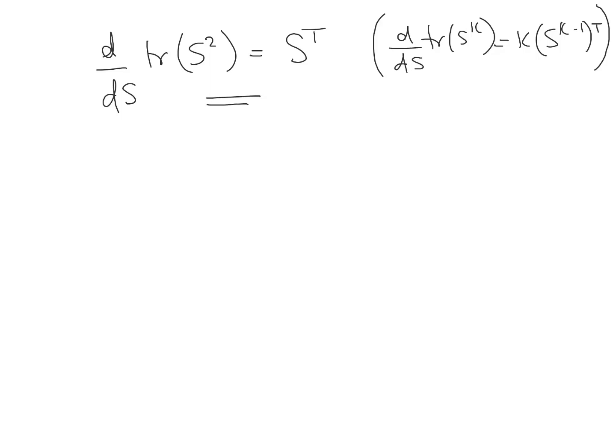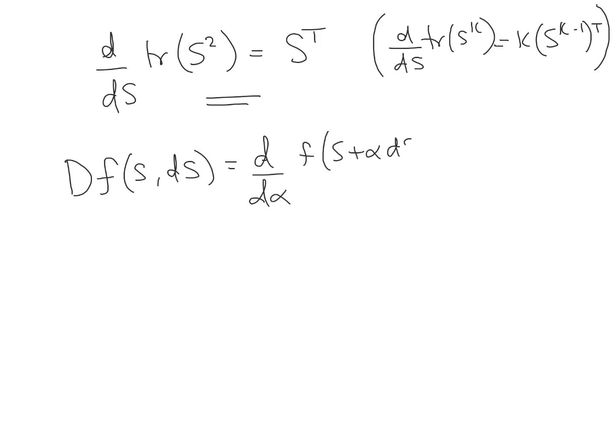We'll use the same method that we used. First of all, we'll write the Gateau differential. So the Gateau differential in this case is going to be d alpha, but in this case, we have our trace S squared.